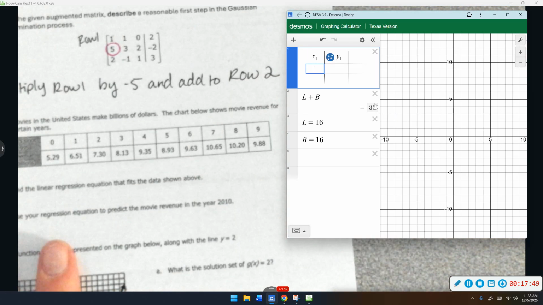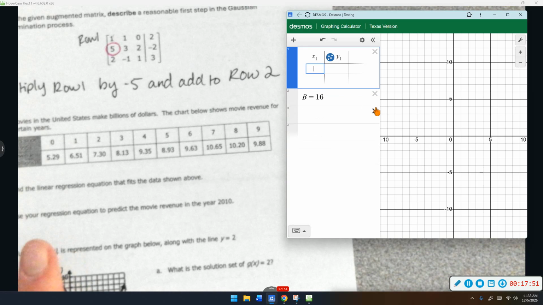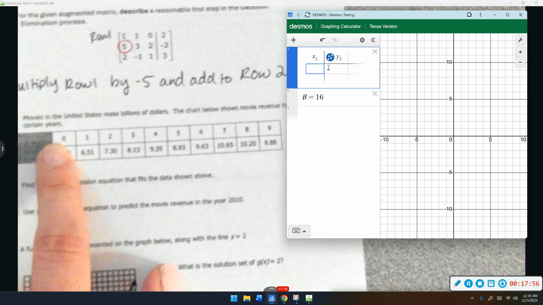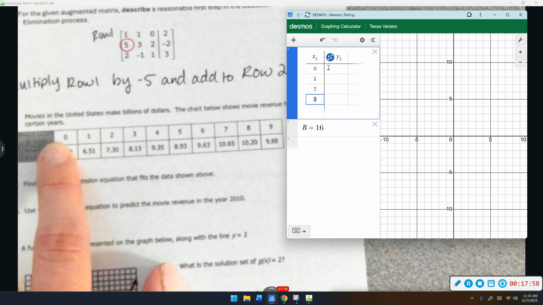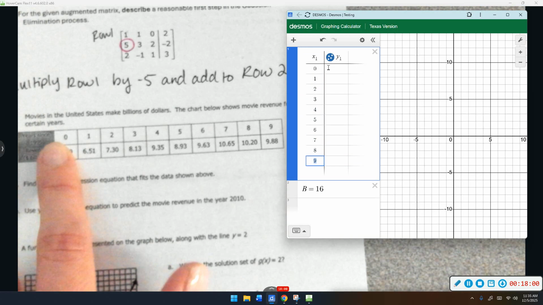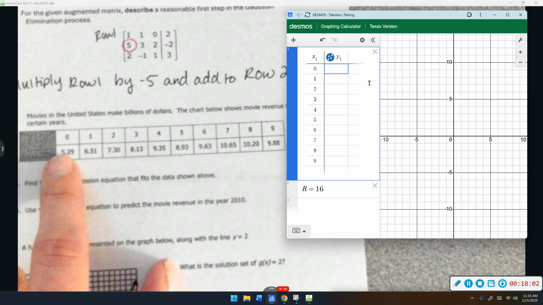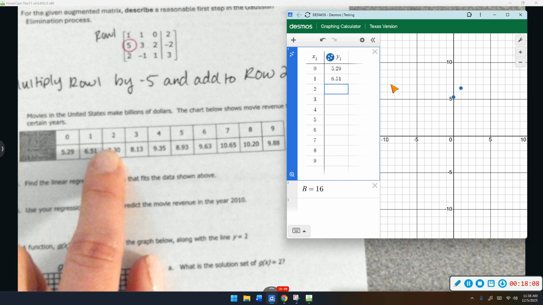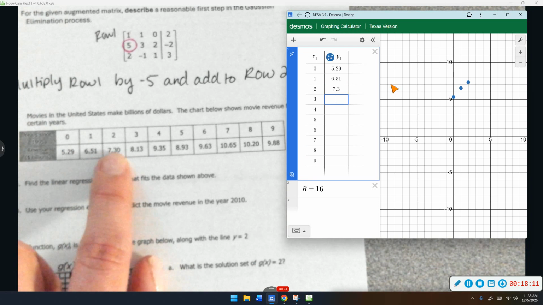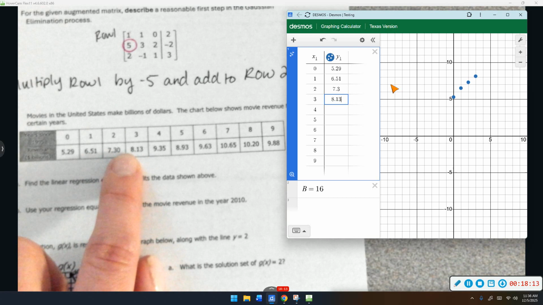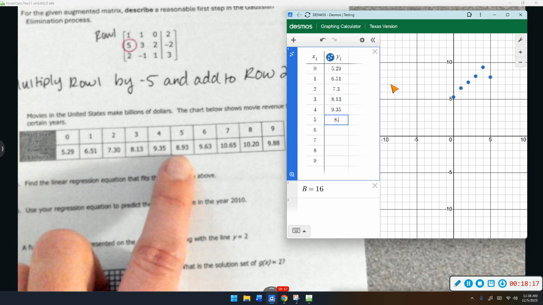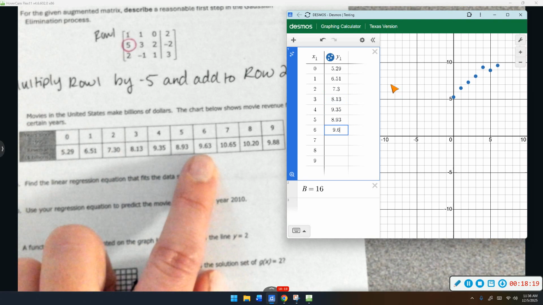Okay, let me get rid of these guys. All right, X is going to be our years, so that goes 0 to 9, right? Look, it already knows that's what I want to do. And then my Y's, these are billions of dollars. So 5.29, 6.51, 7.3, 8.13. This is test 1. Y'all remember this?